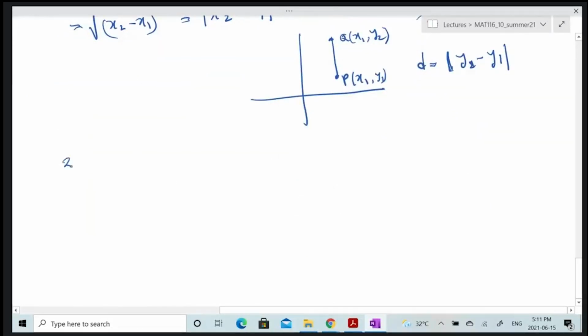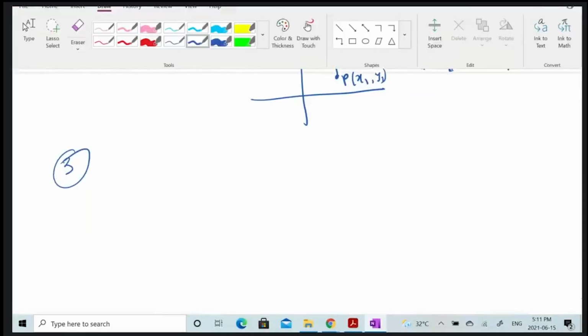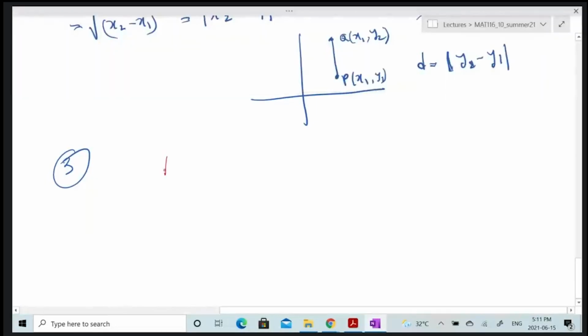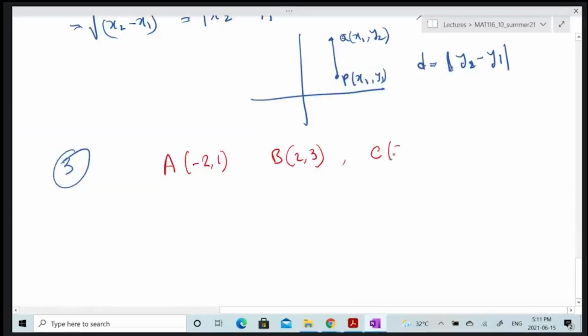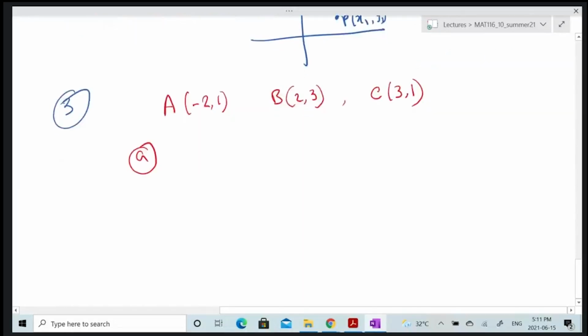This is problem set 3. We have A minus 2, 1, B 2, 3, and C is 3, 1. For the first part, we are going to plot them.